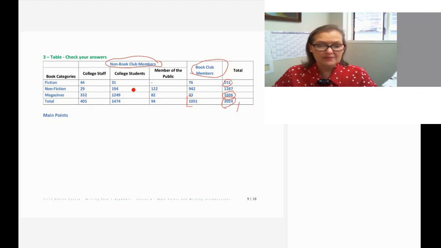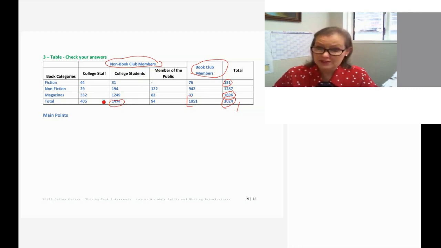We could see that students were the best customers, given that, of course, it was a college bookstore, and that college students purchased just under half the amount of books than everybody else.